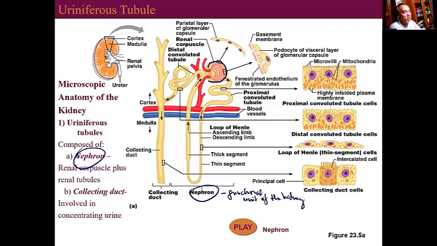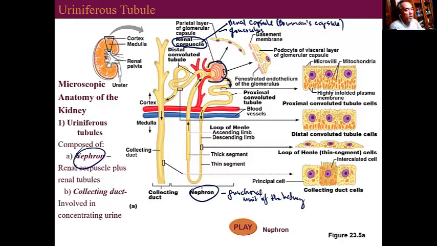Remember, the glomerulus has your waste products, and the cup is called the renal corpuscle. But remember, the renal corpuscle is made out of the renal capsule and the glomerulus. Another name for renal capsule is Bowman's capsule. So all the filtrate is going to go through the glomerulus down to the Bowman's capsule, and then it will go down to the tubules.